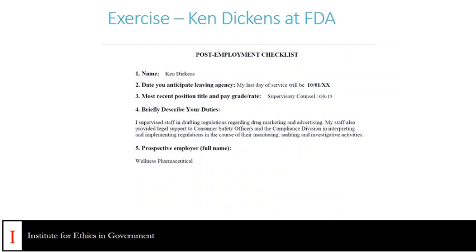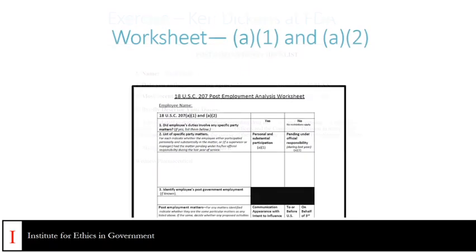Our hypothetical employee is Ken Dickens, who is Supervisory Counsel at the Food and Drug Administration. We've given you a worksheet that has both A1 and A2 elements on it. We will ask you to do both an A1 and A2 analysis on the information that Ken provides to you about his post-employment prospects.